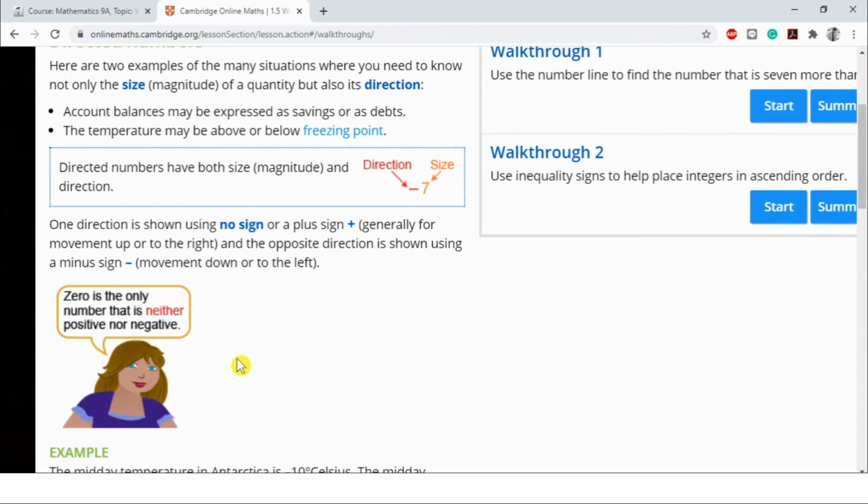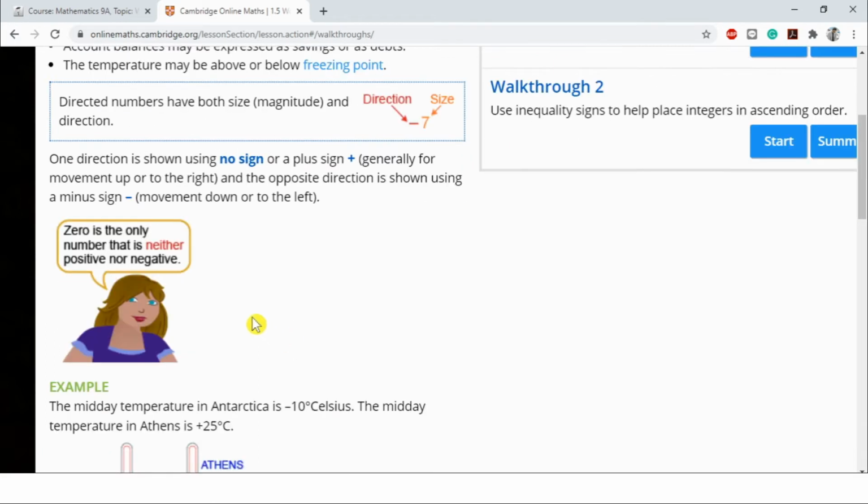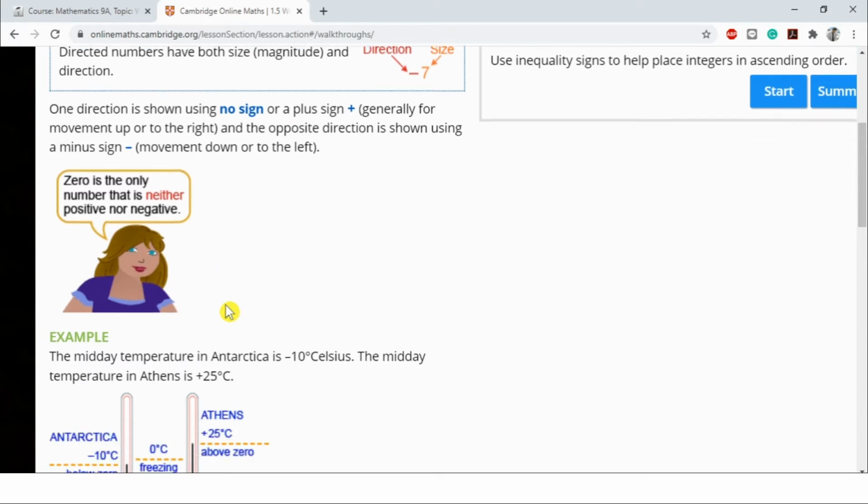As with a thermometer, if the temperature goes up it is positive, and going down it decreases, it will be negative if under zero, for example. Only zero has no positive or negative sign.